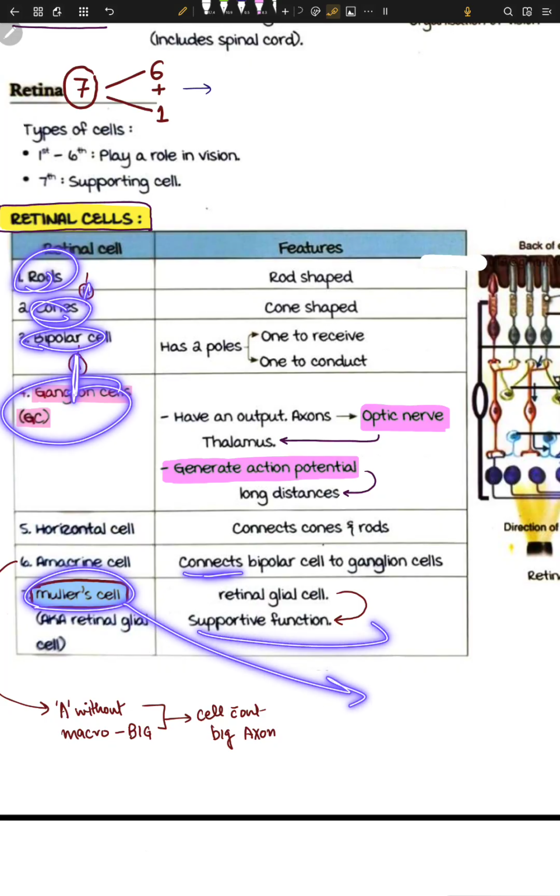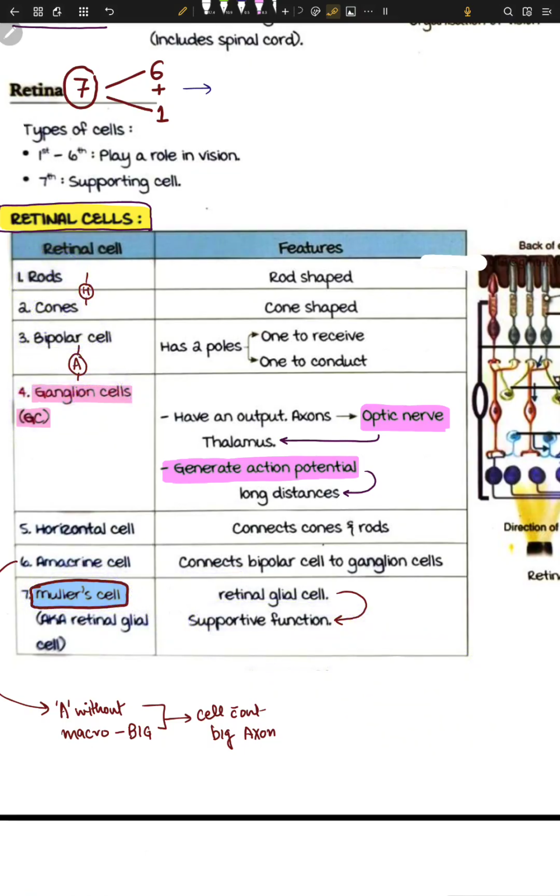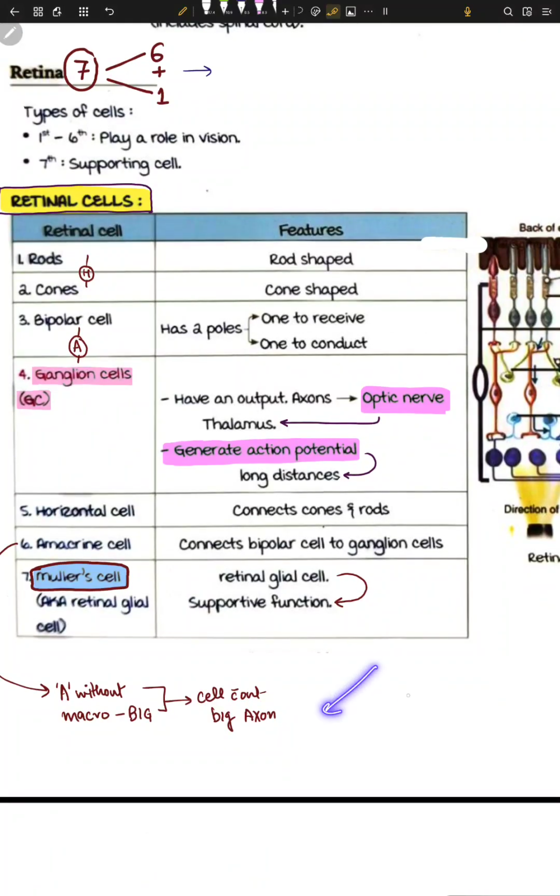I told you, a supporting cast. They are like glial cells which are present in your CNS, right? And there are two types of glial cells, microglia and macroglia. Micro are for cleaning stuff and macro are for supporting. Cool. So Muller cell, aka retina glial cells.